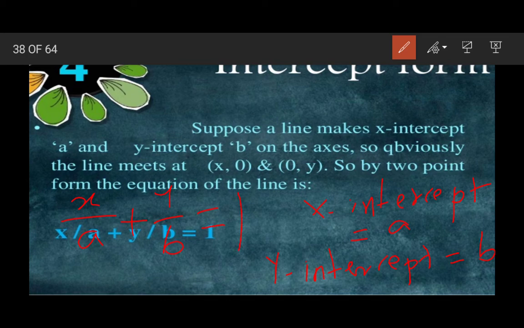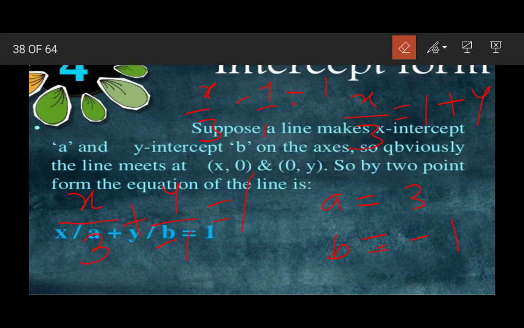Okay. Now let us see one example. Suppose x-intercept a is equal to 3 and y-intercept b is equal to -1. Then equation of line will be x upon 3 plus y upon -1 equal to 1. That means x upon 3 minus y upon 1 is equal to 1. Right? So that means x upon 3 is equal to 1 plus y.